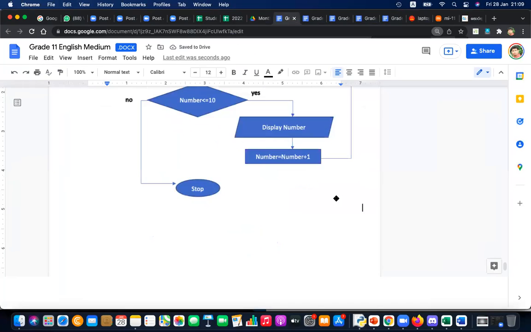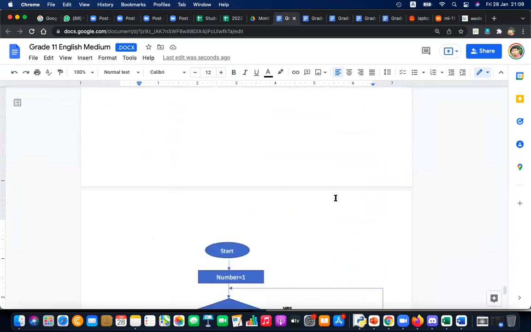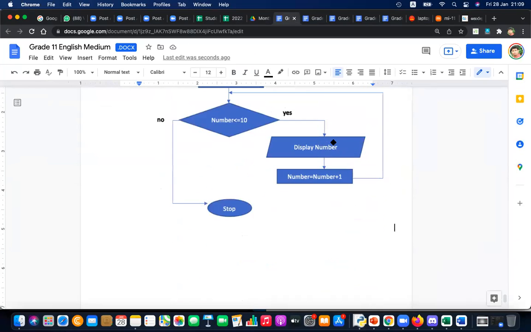Okay, then what is the pseudocode? Let's make it smaller.